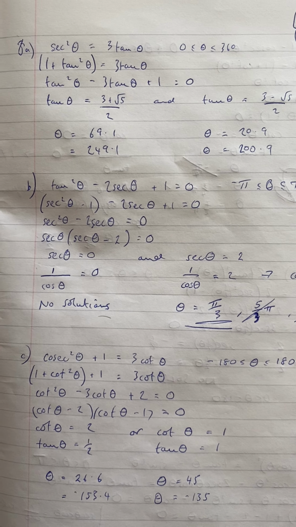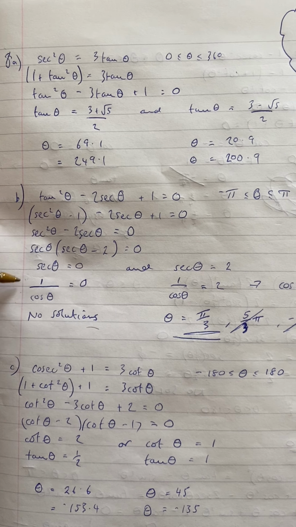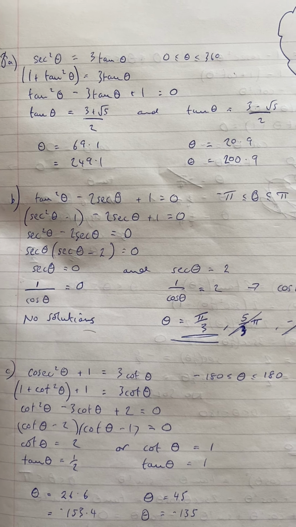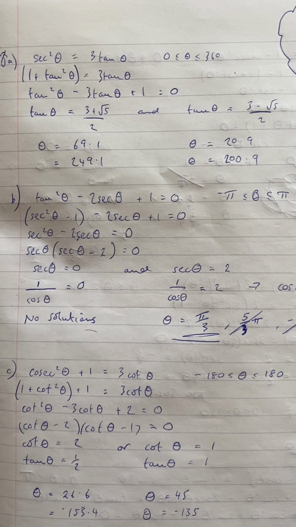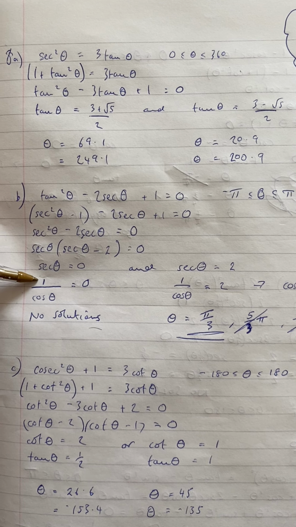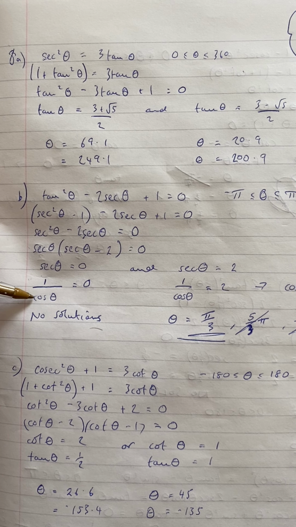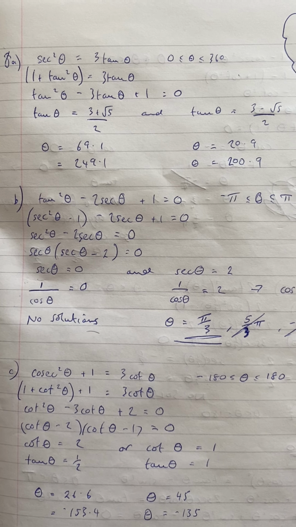So the rule here is, if you have a fraction equal to 0, there will only be solutions if either the numerator is 0 or the denominator has an infinite range.